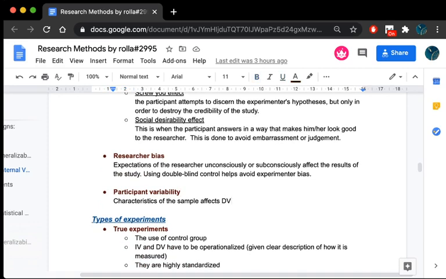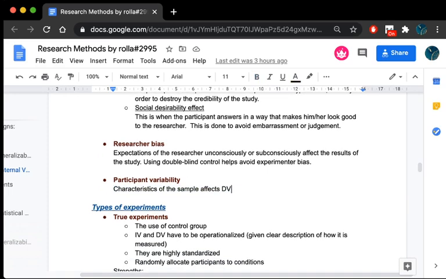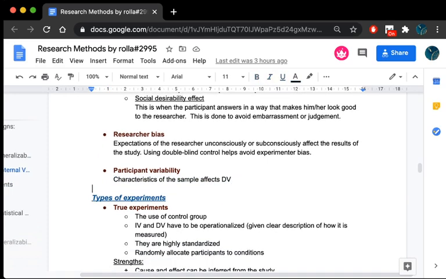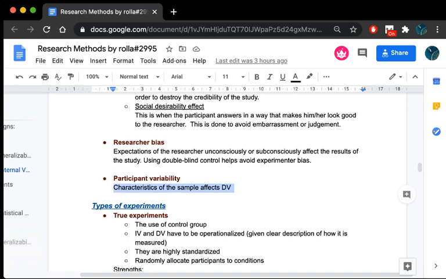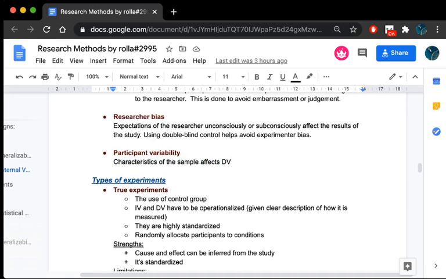Then we also have researcher bias, where, if the researcher is the one judging a particular behavior, the researchers may be expecting the results to be true, so they unconsciously interpret the results in a way that is significant.